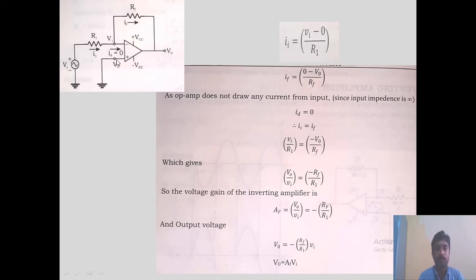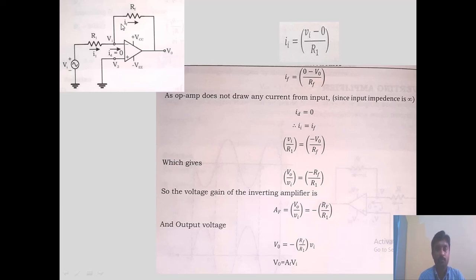V1 is 0 because V2 is grounded. V2 is 0, that's why V1 is 0 because of virtual ground. So we can substitute 0 in place of V1. That's why the expression for I1, the current flowing through R1, becomes Vi minus 0 divided by R1.